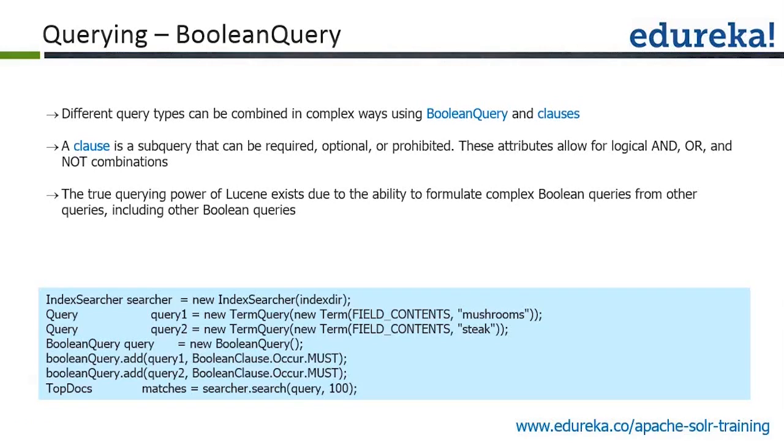If it doesn't occur, it's not an issue. Must not means you only return the document if it does not match your word. It is the other way around. So these are the 3 aspects which you can use in the Boolean query and retrieve records from searching in multiple fields. Is it clear?